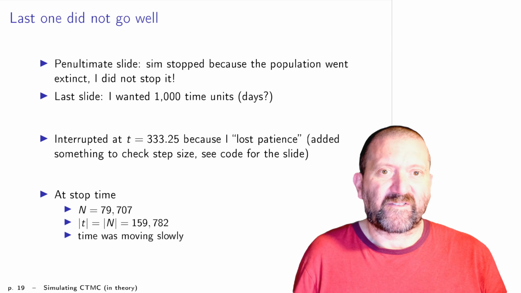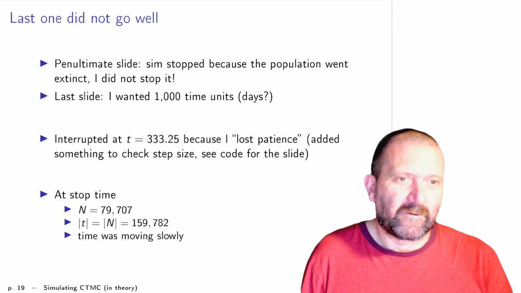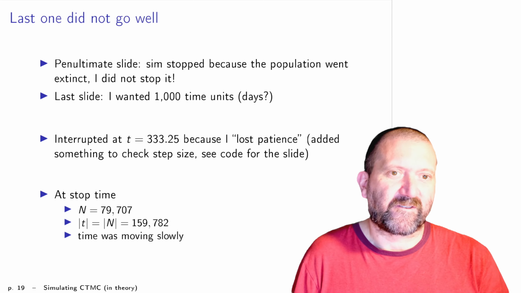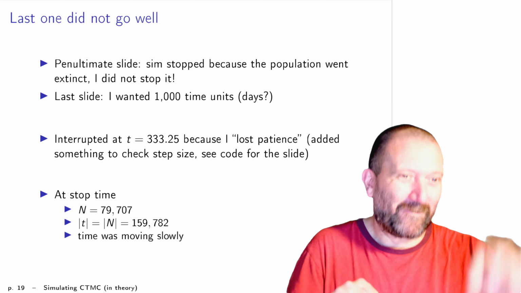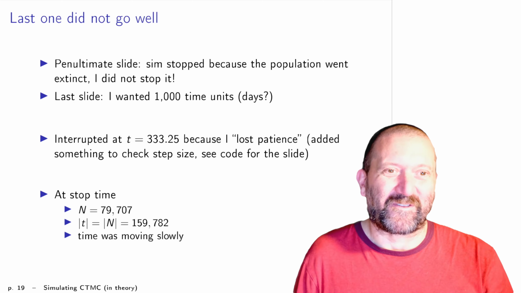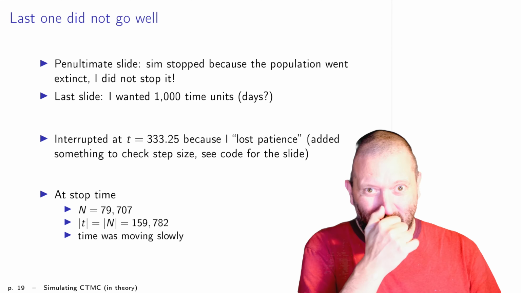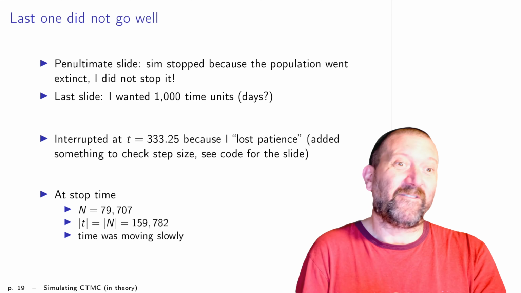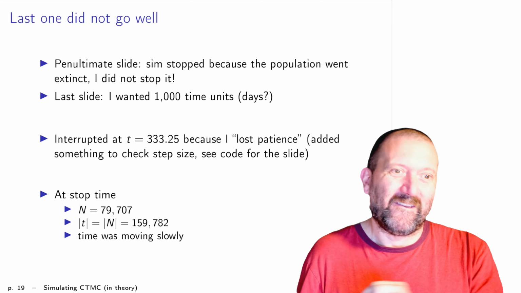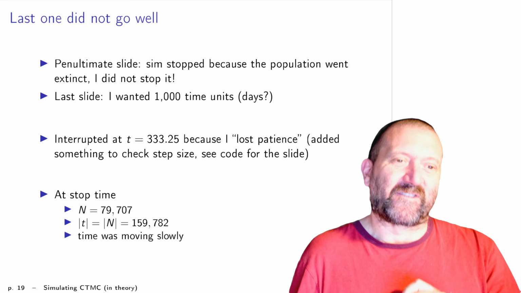But in practice, I got interrupted at 330 time units, essentially because I lost patience. So that could mean just a control C in your code. But here, in fact, if you look at the code for the slides, you will see that I added a test on the size of a step size.